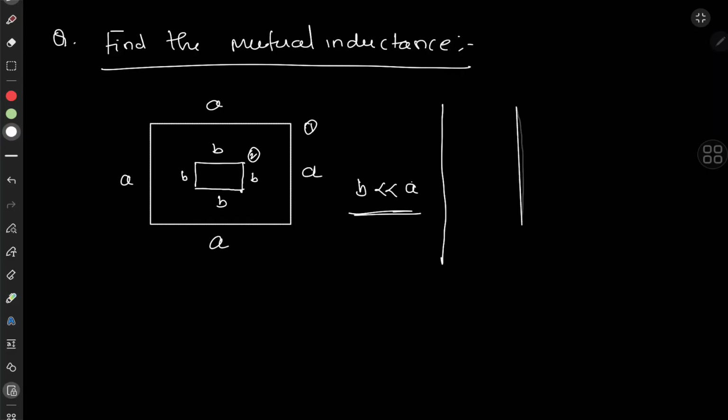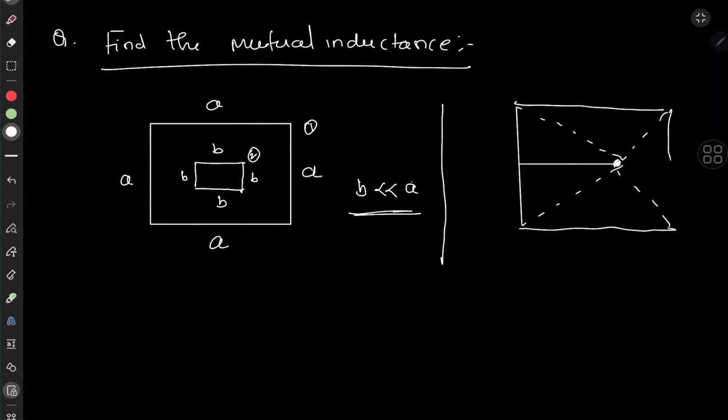At the center, from the center to the side, all these sides have the length L.